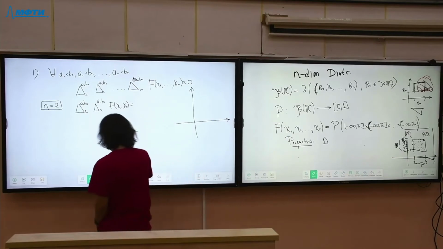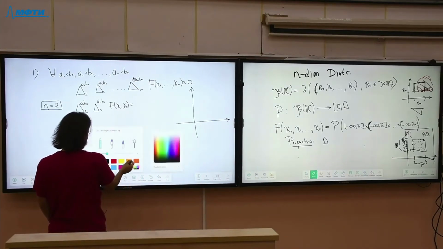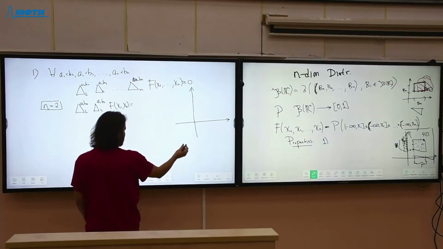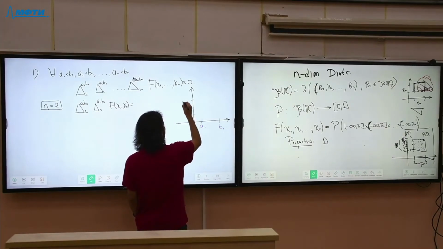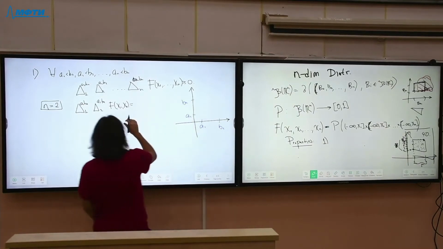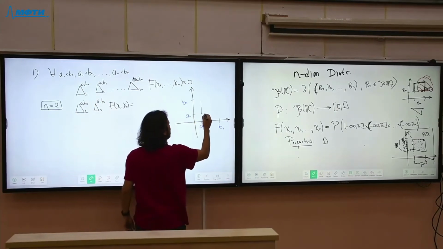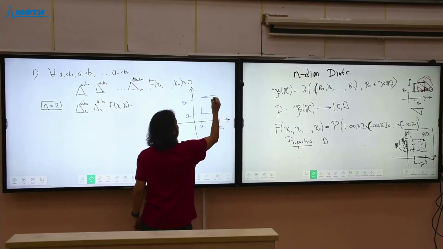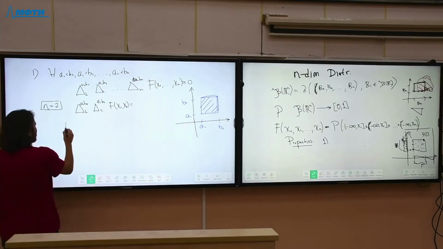And we can see that we have here a1, we have b1, a2, and here we have b2. And this means this area.